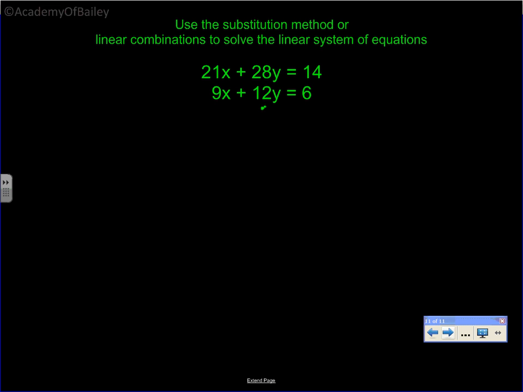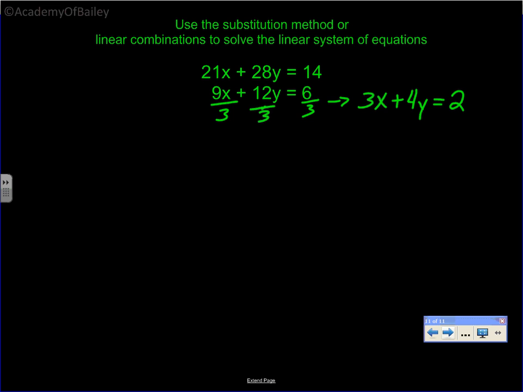But I do notice that I can divide 9 by 3 and I can divide 12 by 3. So if I divide everything on the left side by 3, I have to divide everything on the right side by 3. And that's going to give me 9 divided by 3 is 3, 12 divided by 3 is 4, and 6 divided by 3 is 2.